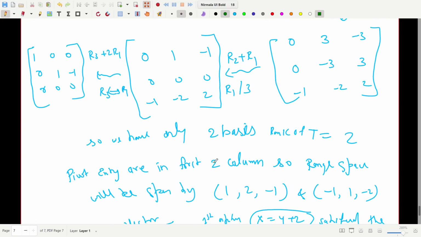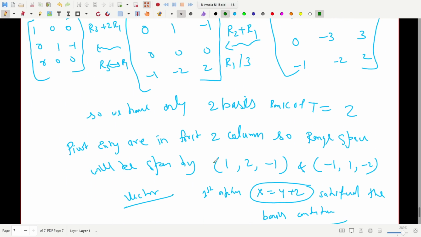So we have only two basis vectors, rank 2. Pivot entries are in the first two columns, so the range space will be spanned by (1, 2, minus 1) and (minus 1, 1, minus 2).